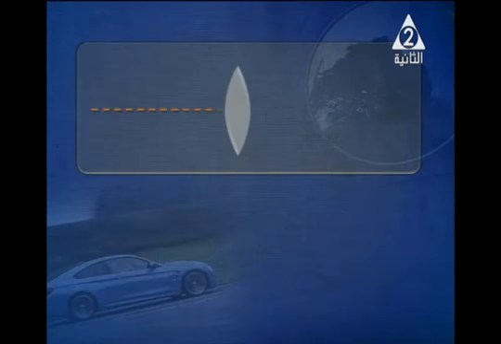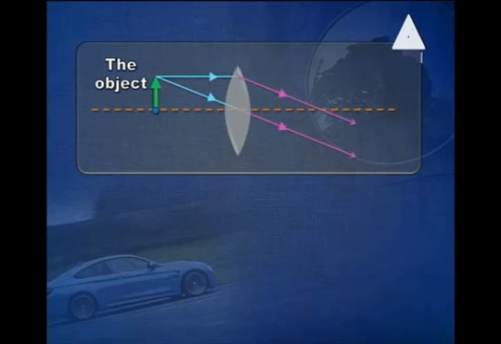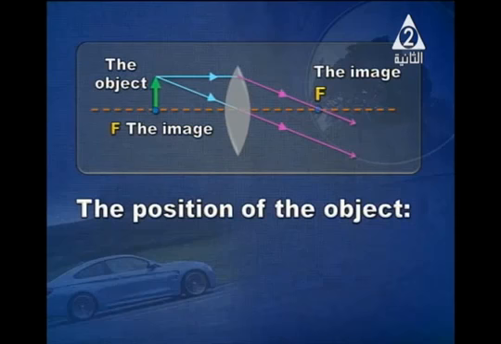Another case, when the object is placed at the focus of the lens. This object will send two rays. The first ray is parallel to the principal axis, which refracts passing through the focus. The other ray will pass without refraction as it passes through the optical center of the lens.